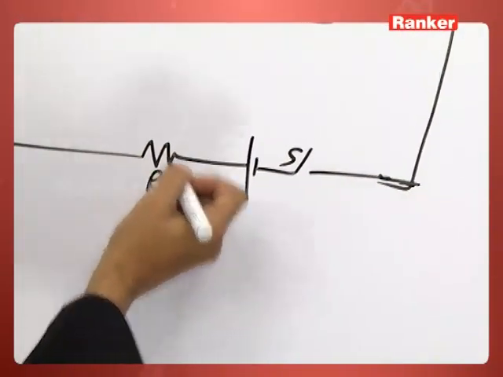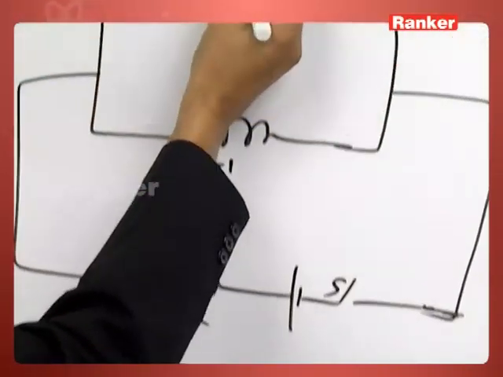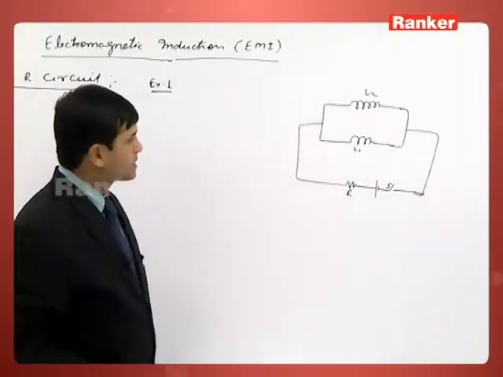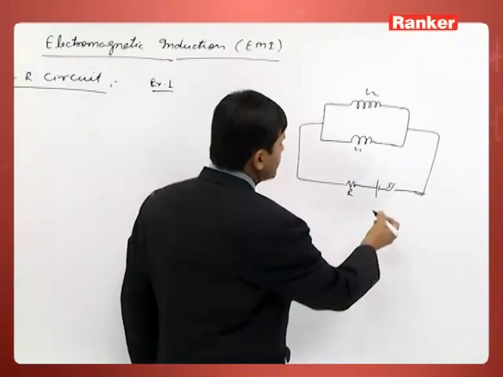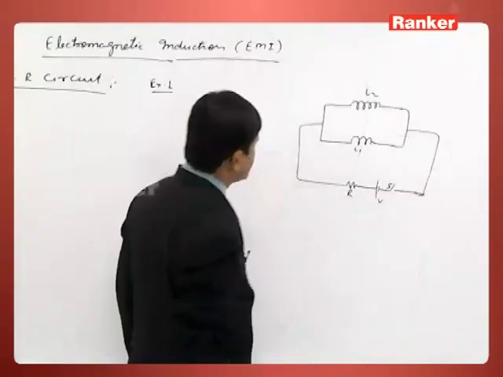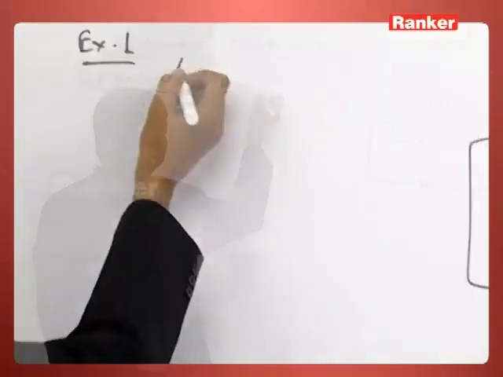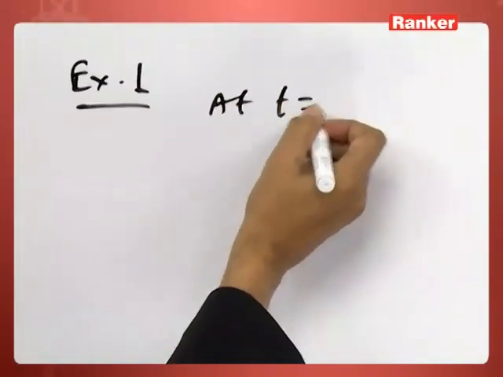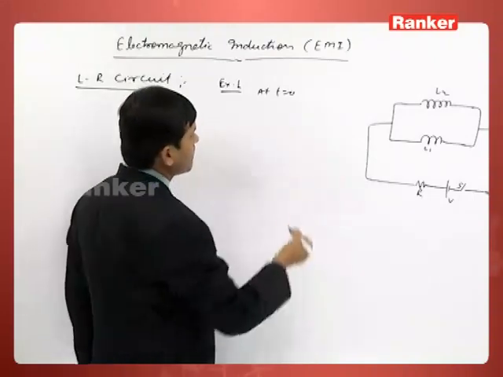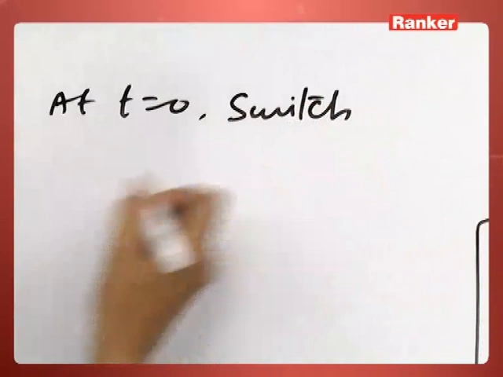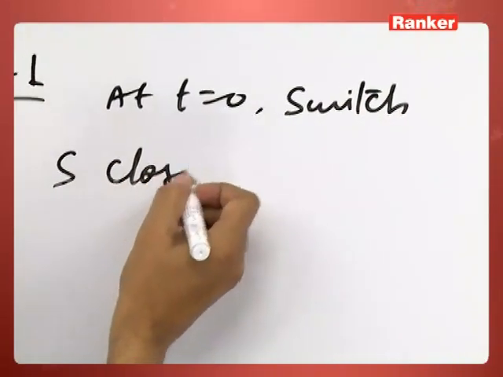The question is: at t is equal to 0, the switch is closed.